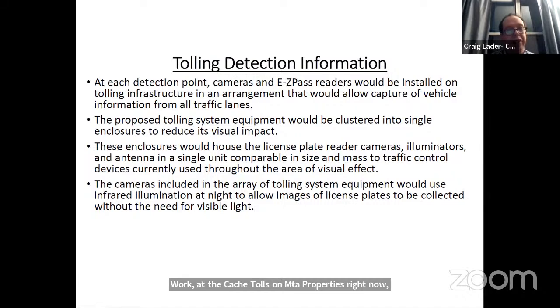And the actual infrastructure will be in enclosures, so I guess they're not intended to be visually apparent. And then, as I think Alita, you were alluding to, the cameras included would use infrared illumination at night to allow images of license plates to be collected without the need for visible light.